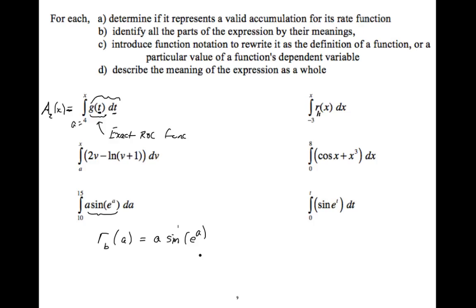So that's giving us exact rate. And so we could put r sub b of a in there, or we could put in the rule. And that's what they're doing here. So here they're just putting the rule in instead of putting in the function notation for the rule. Totally valid. So a sine e to the a is giving us exact rate of change, exact rate of change for some accumulating quantity.